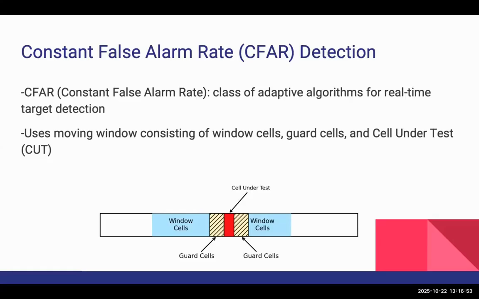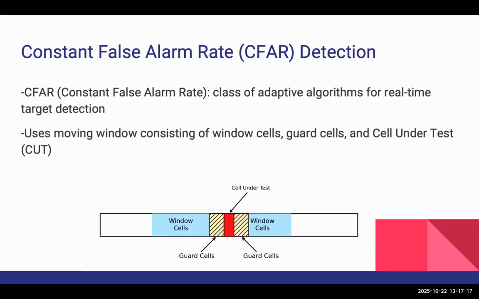As you can see, the cell under test right here is surrounded by guard cells typically. The purpose of the guard cells is that if you have a target in the cell under test, sometimes the target bleeds out a bit into the surrounding cells. So for statistical reasons, you want to sort of cordon that off. And the window cells are where you're actually looking at the values in the cells to compute your threshold. And by values, I typically mean radar amplitudes.